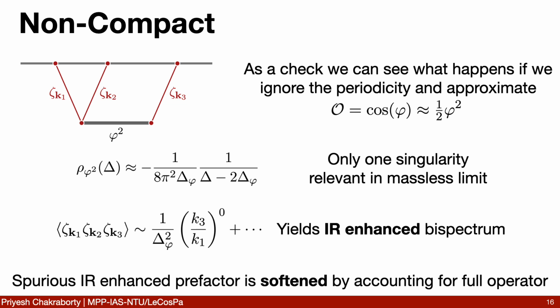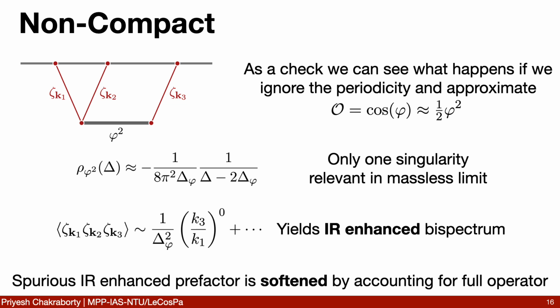Okay, now I can ask what happens if I ignore the periodicity and I only work with the leading term of a cosine. Even then, the spectral density is knowable, so one can do this loop. And there's only one pole that's relevant in this exchange diagram. And over here, as you can see, the answer you get is infrared divergent.